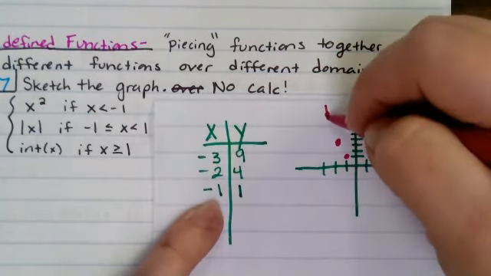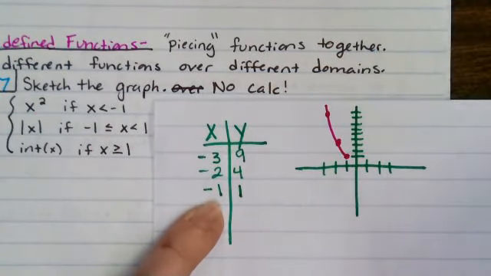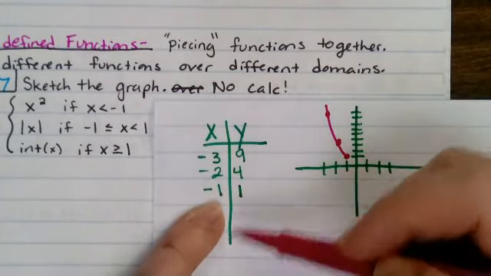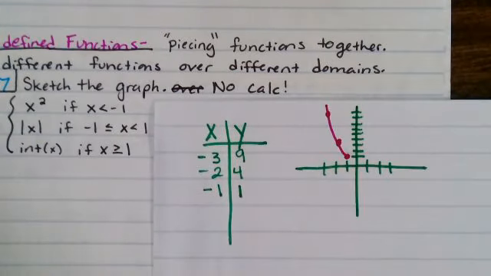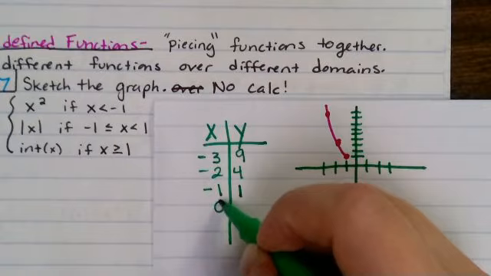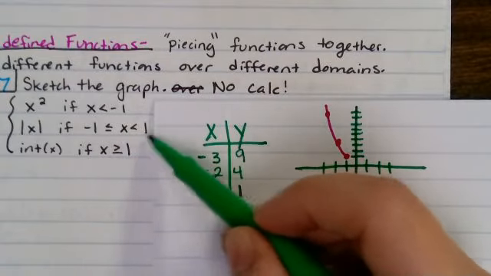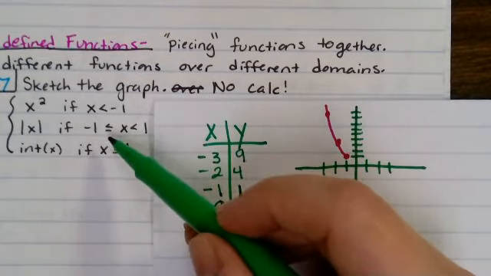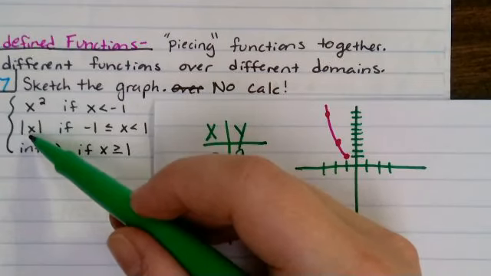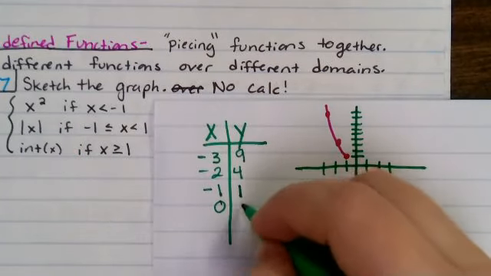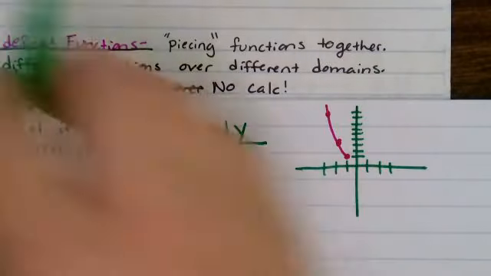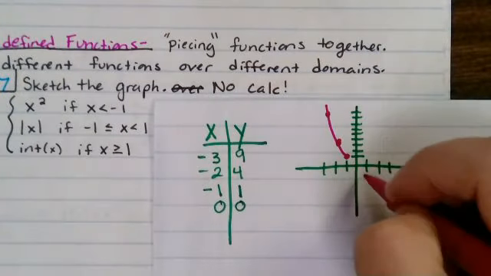This is quadratic on this side, so it's kind of scooped. But what happens in the middle? Well, if I keep going and plugging more values in, if I plug in a 0, 0 is in this little domain, so I'm going to use that absolute value again. The absolute value of 0 is 0, which means I would get a point here at my origin.